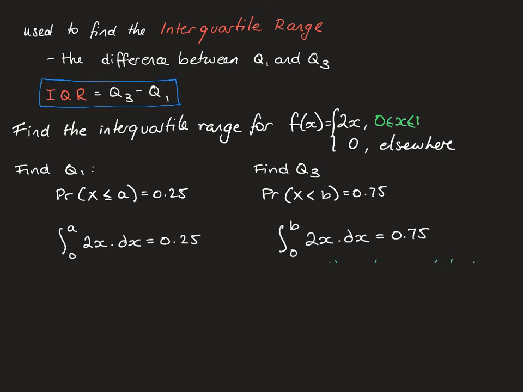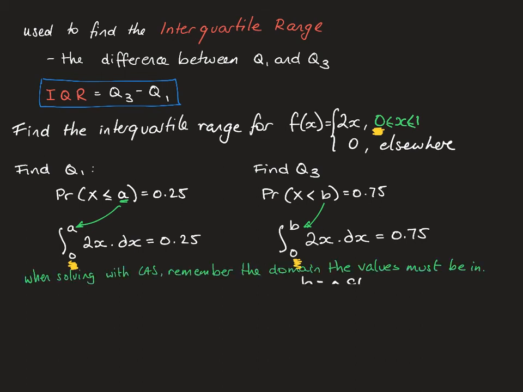And so I integrate the function from the lowest end of the domain over which it's defined to the letter value that I want. So here I'm going for A for 25%, and here I've got B to give me 75%.